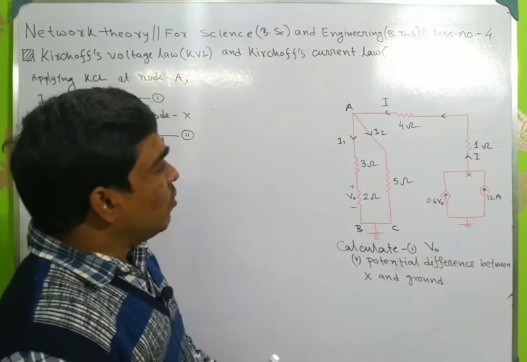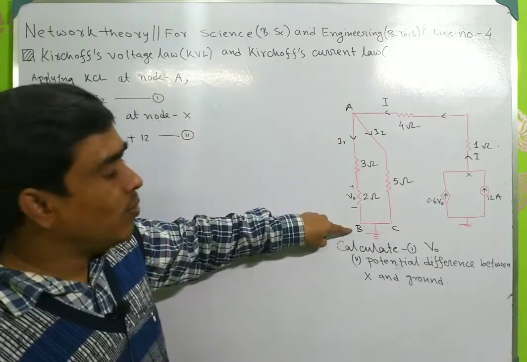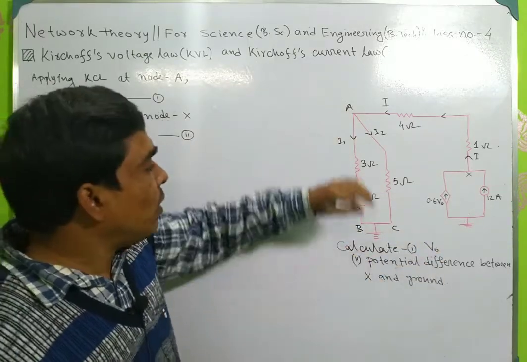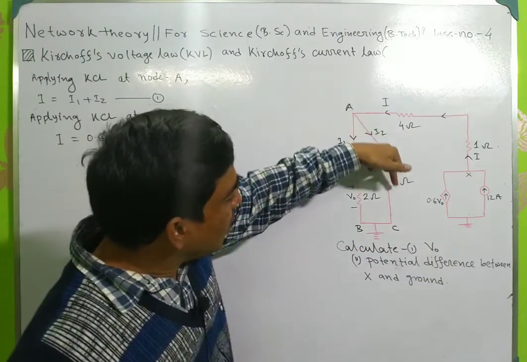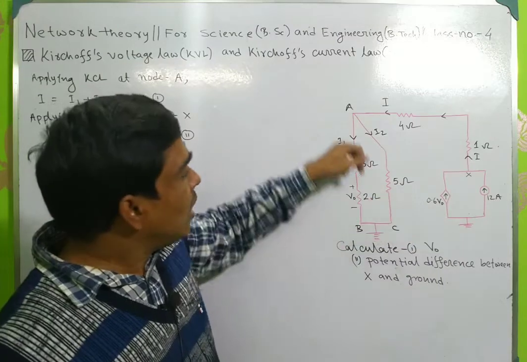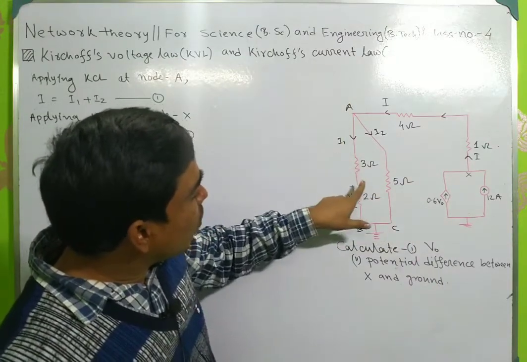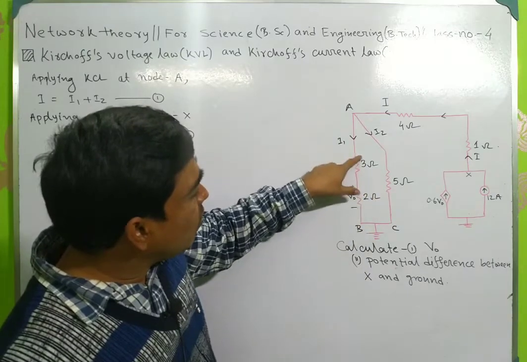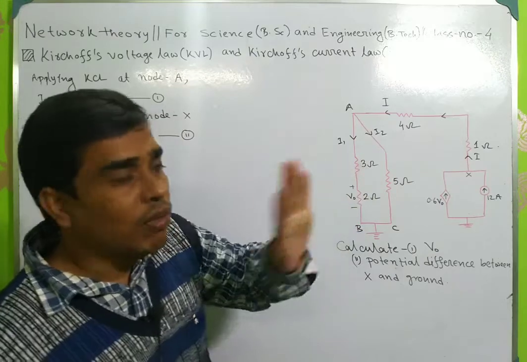Okay, so this is the AC branch and this is the AB branch. B and C both are the same point. So the resistance of this AC branch is 5 ohm, and the resistance of the AB branch is also 5 ohm, because these two resistances are in series, that is 3 plus 2 equals 5.